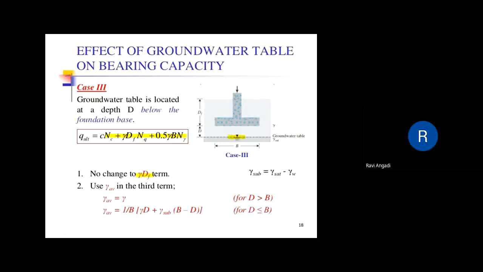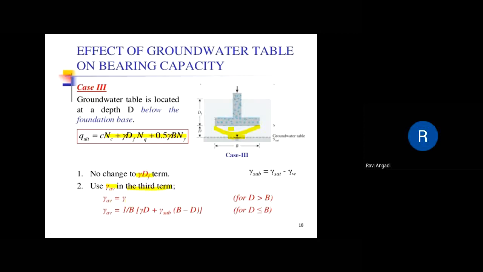Since the water table is lying here, this is a wedge term, which we call partly moist and partly submerged in water. So we need to take the average. So use gamma average in the third term.